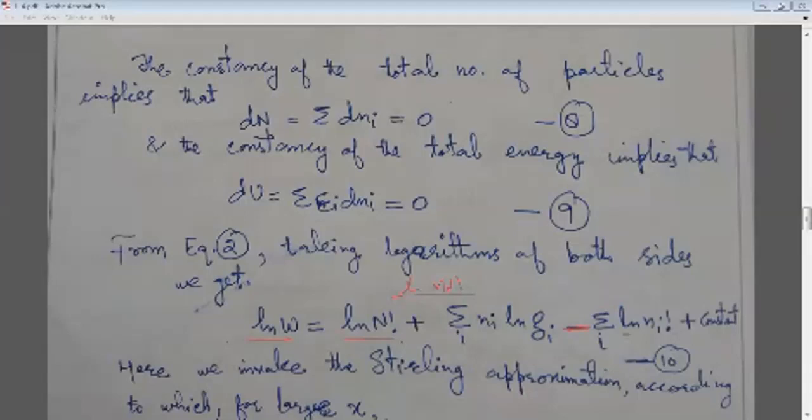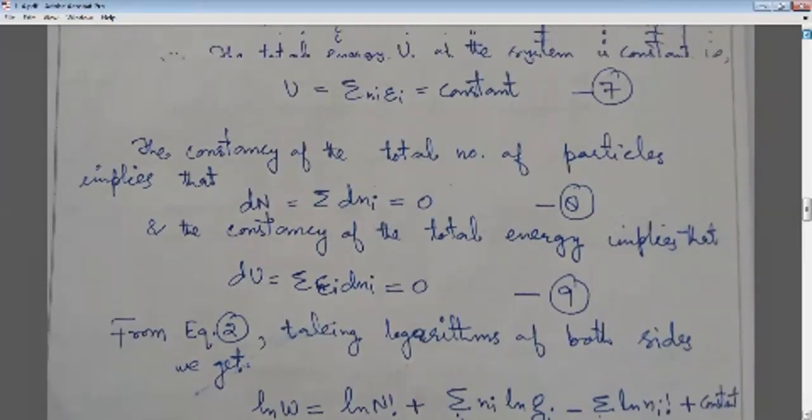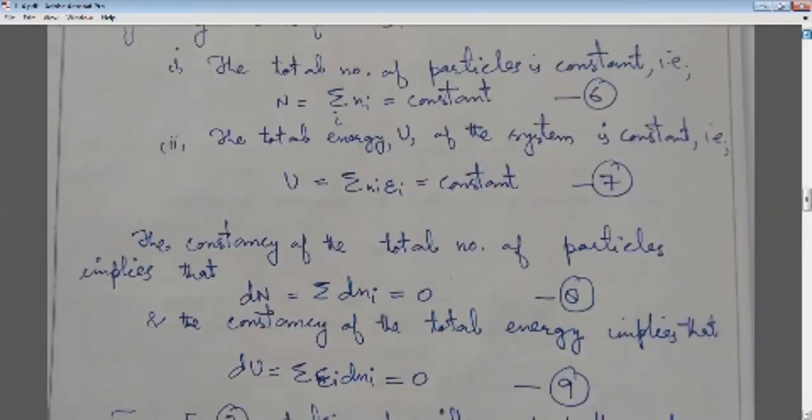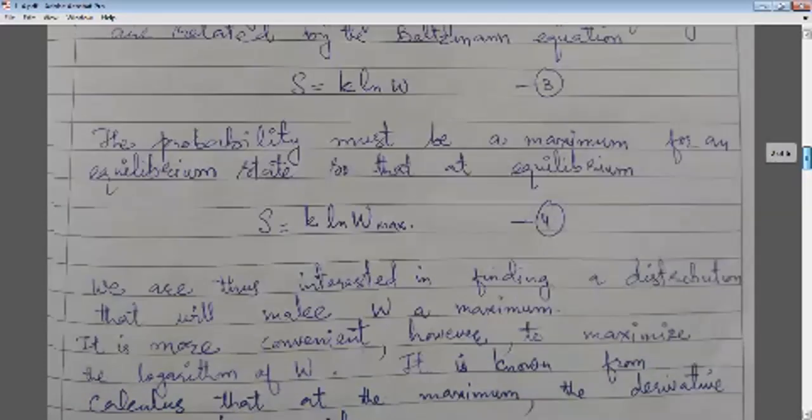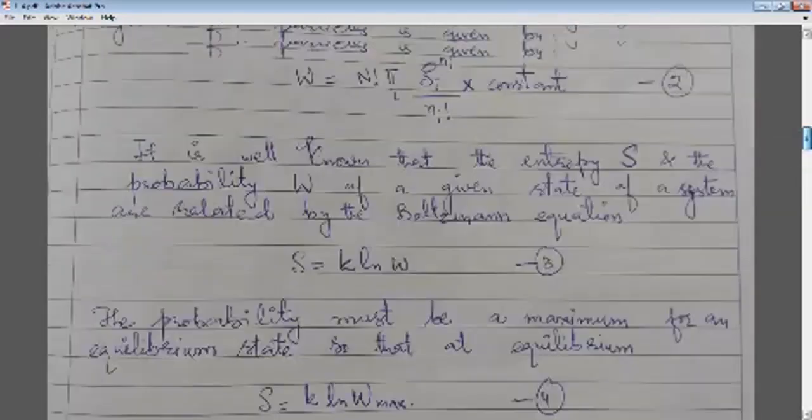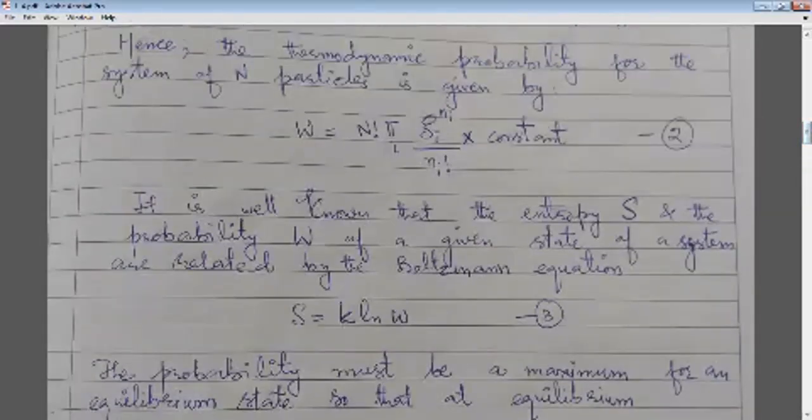ln of some constant will also be constant, so the constant will remain. We are actually taking this equation into consideration. You will see here equation number second. It is very simple. This is equation second.